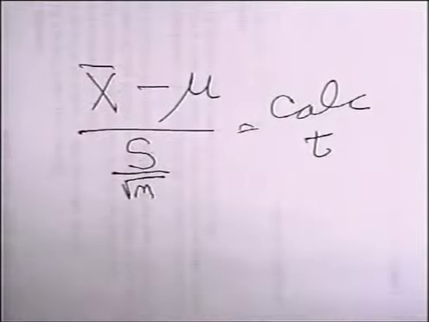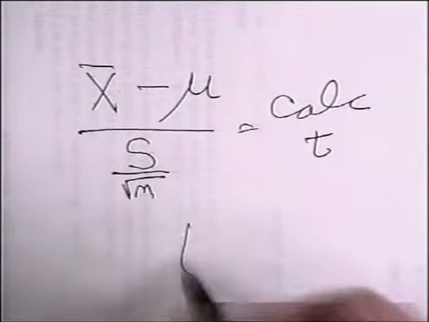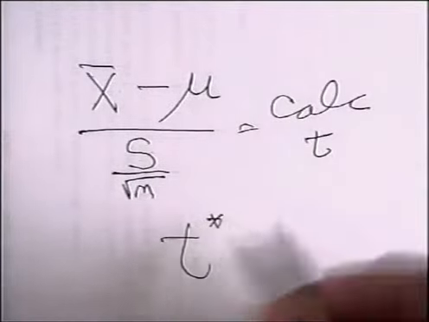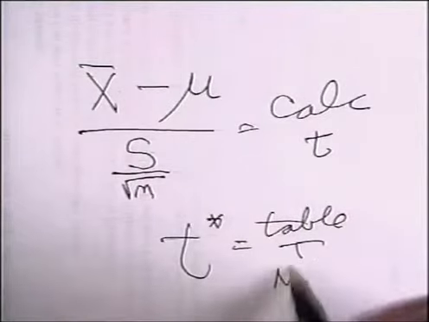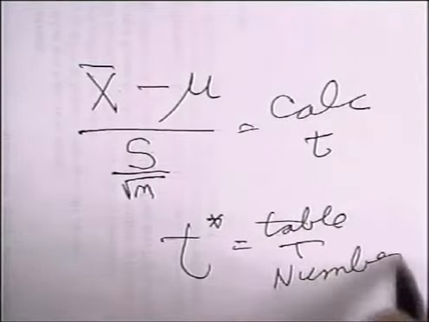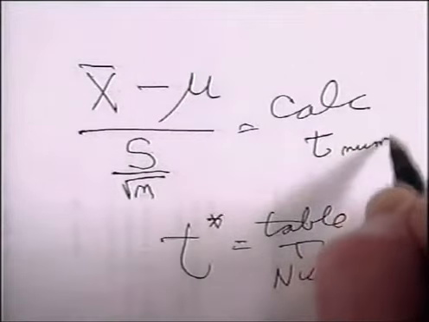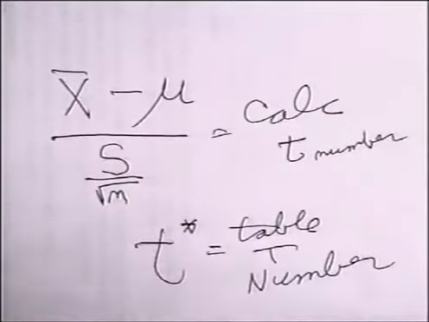What I showed you before is what they call T star. This is the table T number. If my calculated T number is bigger in size than the table T number, then that is significant.